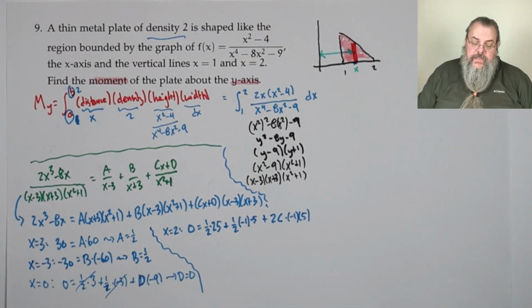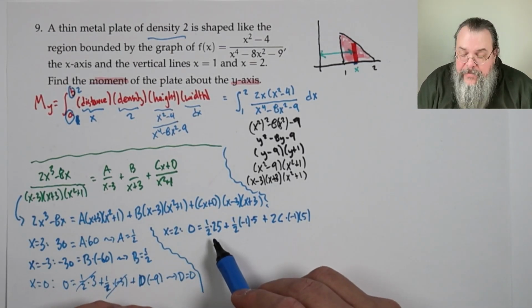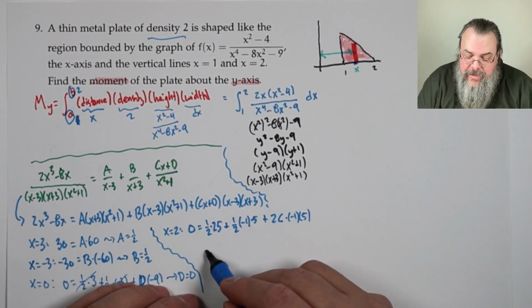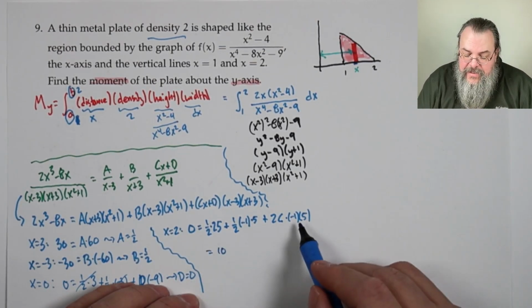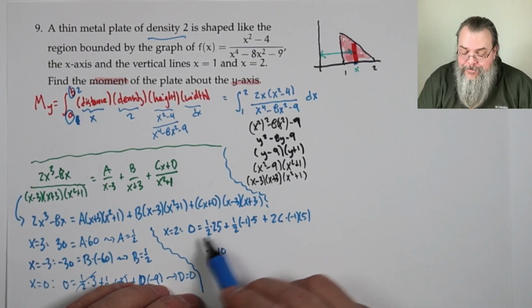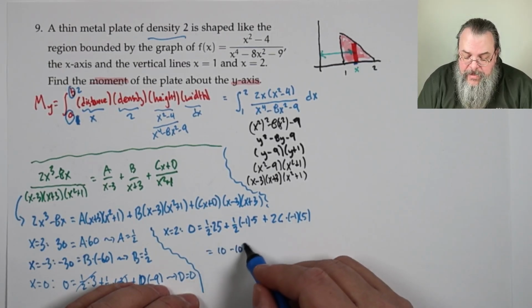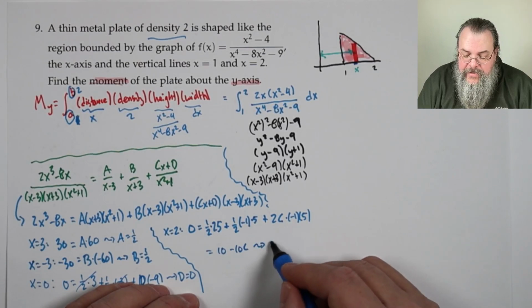Okay, so we have 25 halves minus 5 halves is 20 halves, which makes this 10 from these two terms, minus 10c. So that tells us c equals 1.